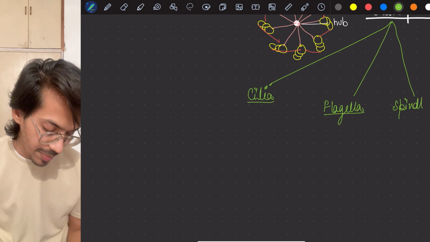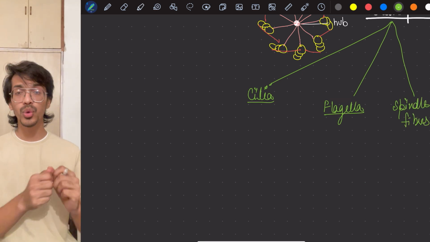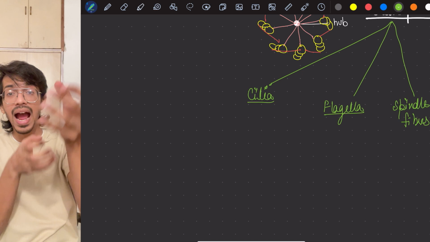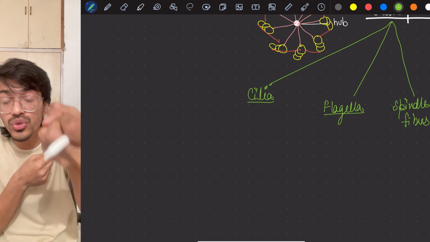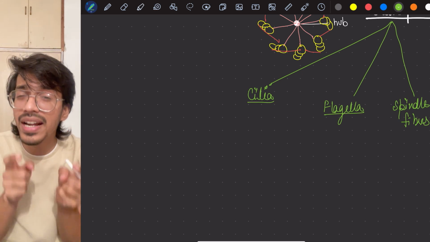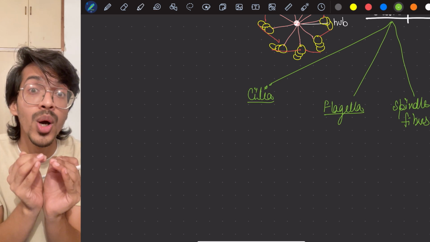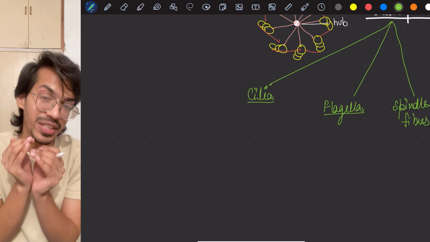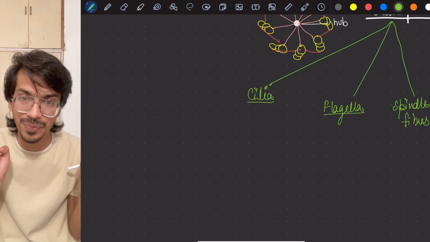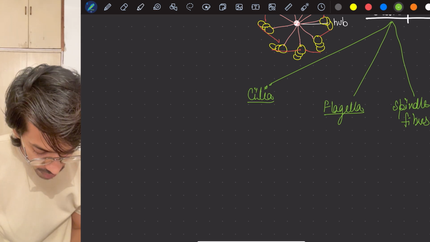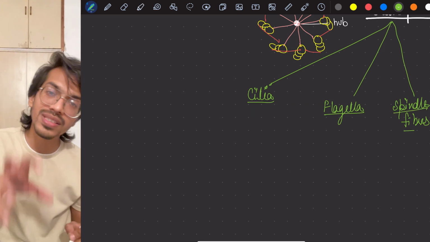What are spindle fibers? These are the ropes which will go and catch the kinetochores. What are kinetochores? Kinetochores are the proteinaceous flap present around centromeres. That's why the terms are joined together. So spindle fibers will be observed during the time of cell division.